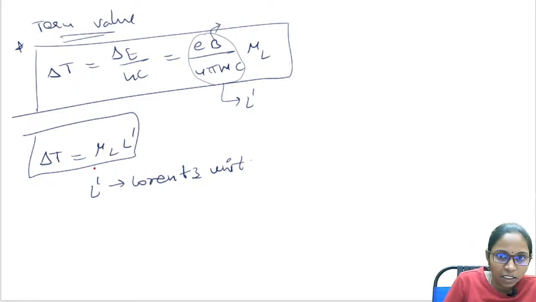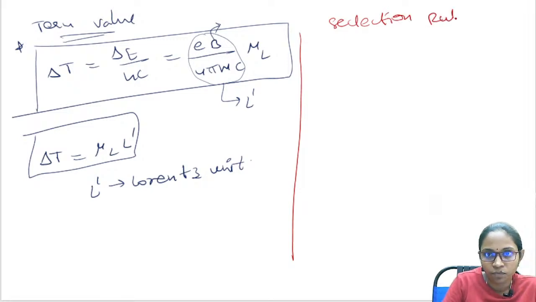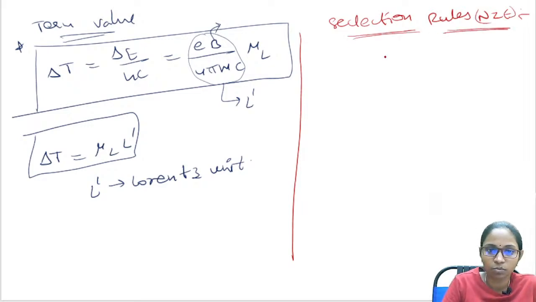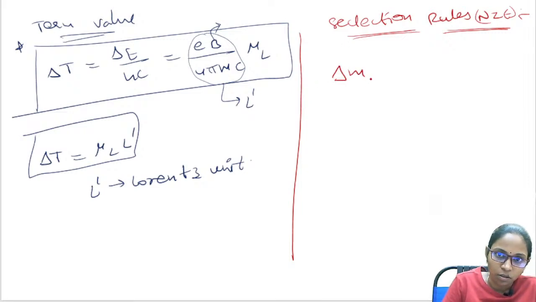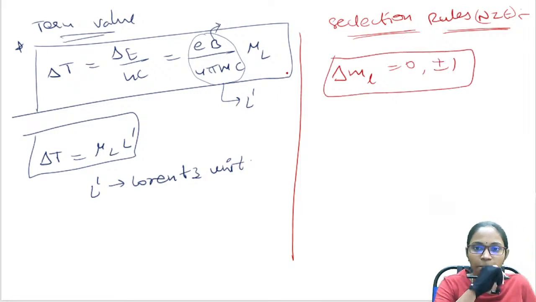Okay, and coming to the selection rules for normal Zeeman effect. Here we are discussing about normal Zeeman effect initially. Selection rules are for delta ml equals to 0, plus or minus 1.